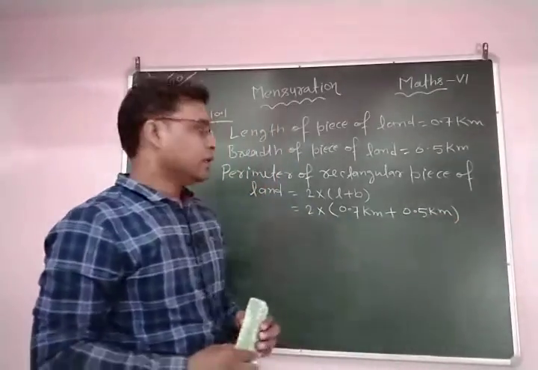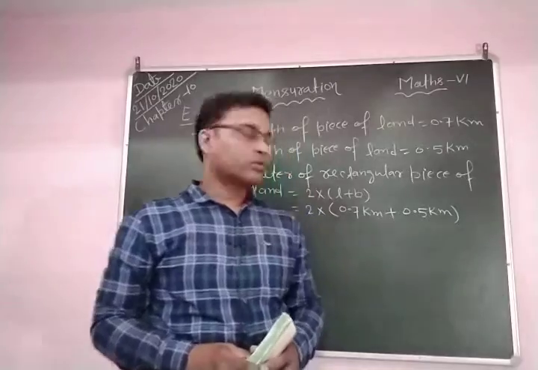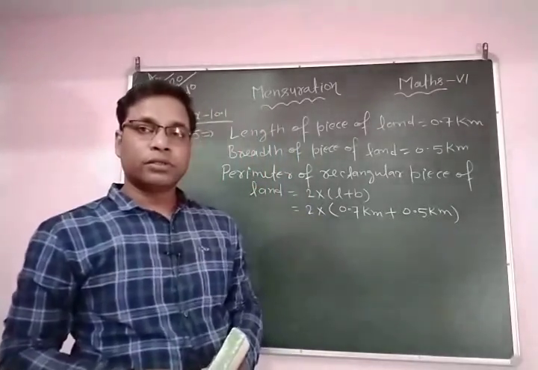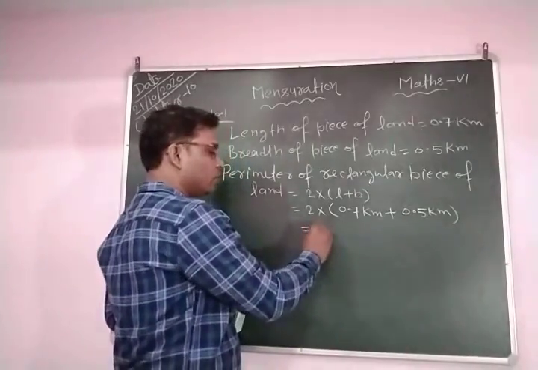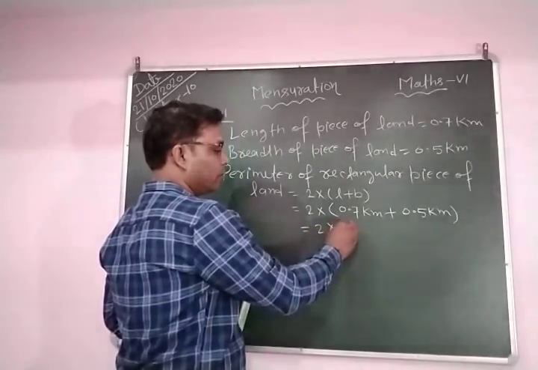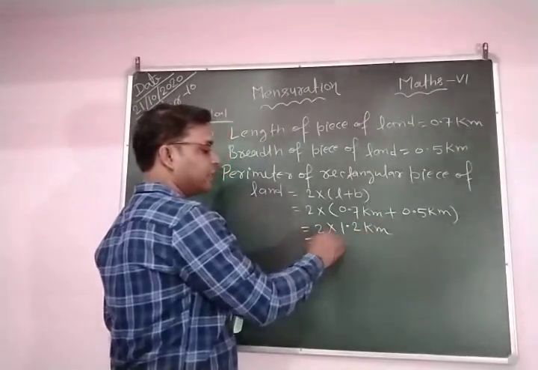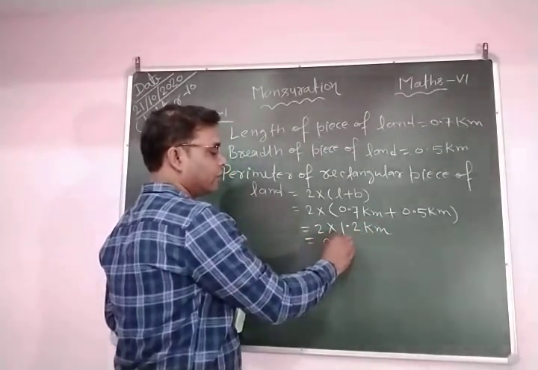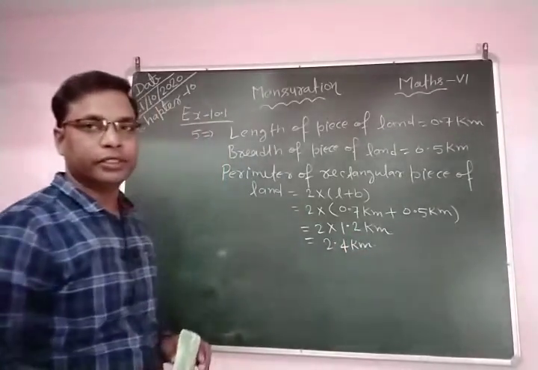Clear? So if you add them, 0.7 kilometer plus 0.5 kilometer, then you obtain 1.2 kilometer. Here you write 2 into 1.2 kilometers. If you multiply them, then you obtain 2.4 kilometer. This is clear?